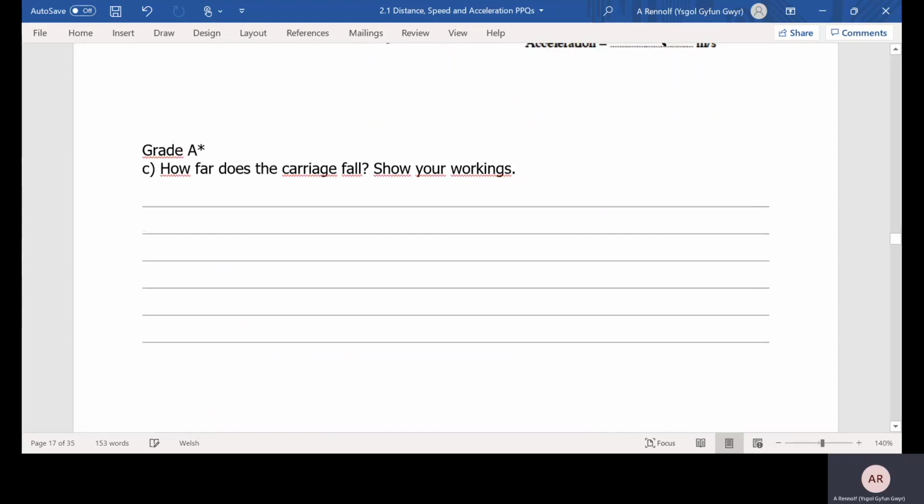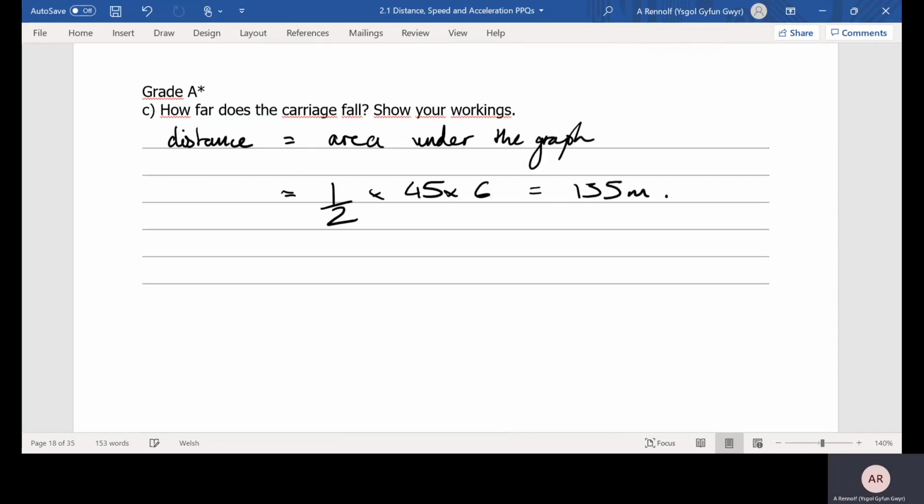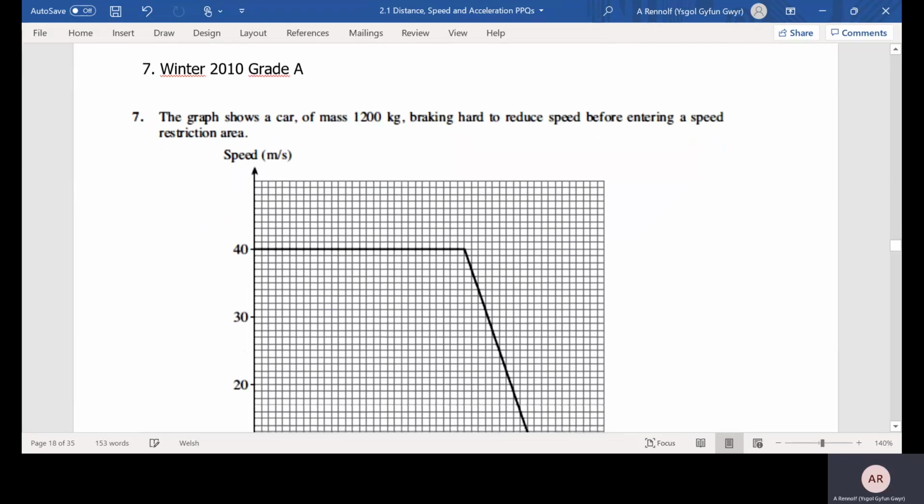And so to work out the distance, the distance is the area under the graph, which is half times 45 times 6, which gives us a value of 135 meters. Okay, pause the video here, have a go at question 7.